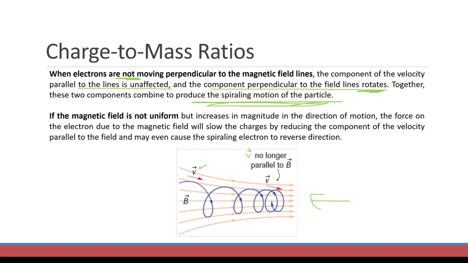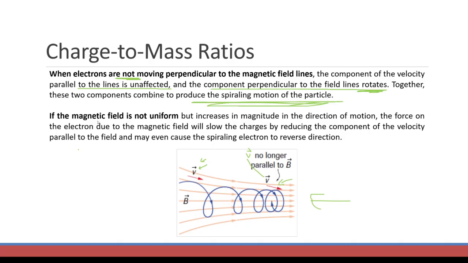And when it's not moving perpendicular to the magnetic field lines, like in this case, it becomes no longer parallel to B because of the spiraling motion here. Notice how it's slanted now. It's been affected. Its vector is not like it was before. So notice this, at this point, this V is no longer parallel like it once was.